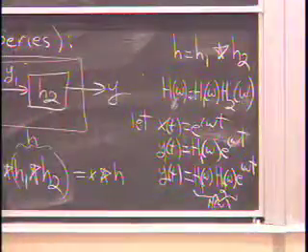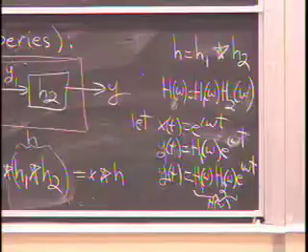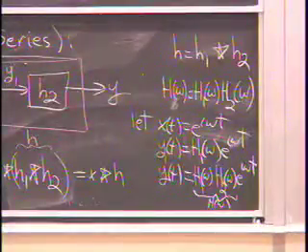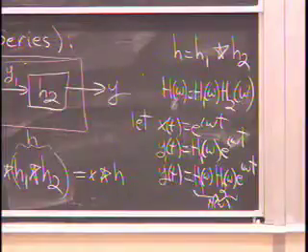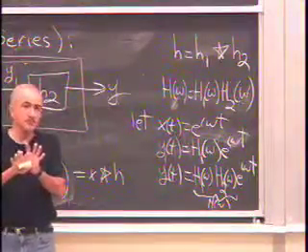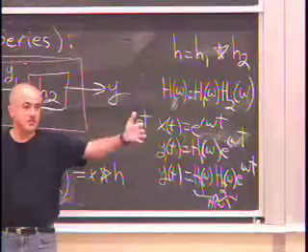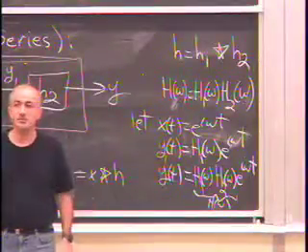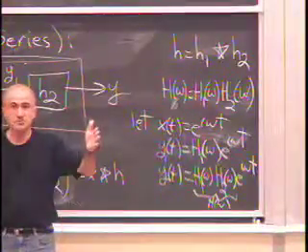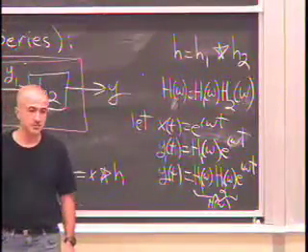Now, there's a problem that I've placed on your homework where you multiply finite order polynomials, and you're supposed to discover that when you multiply two polynomials, the coefficients of the product of those two polynomials are obtained by convolving the individual coefficients of the two polynomials.